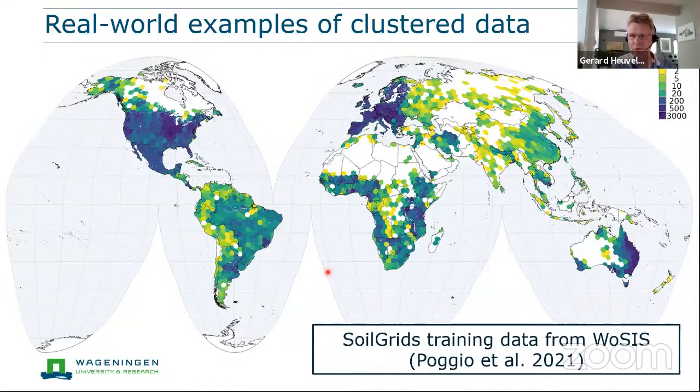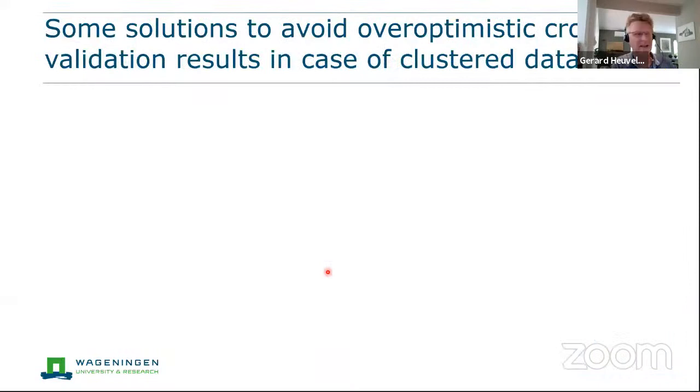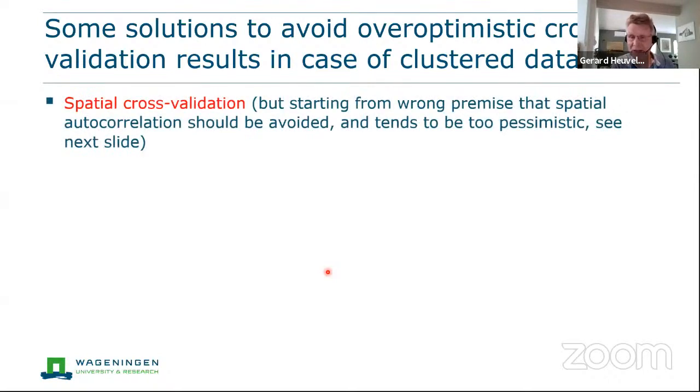So what can we do in case of clustered data when we have to do a cross-validation? Well, what are some solutions? A spatial cross-validation is often used or proposed. I think you have to be very careful with that because it starts from the wrong premise that spatial autocorrelation should be avoided.